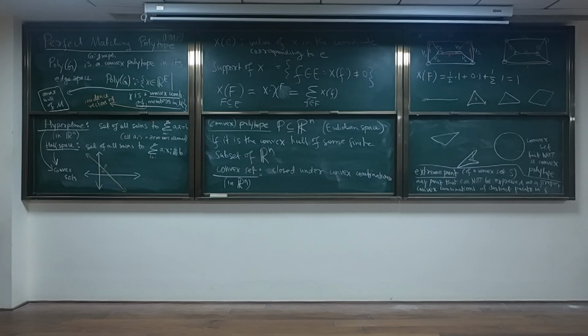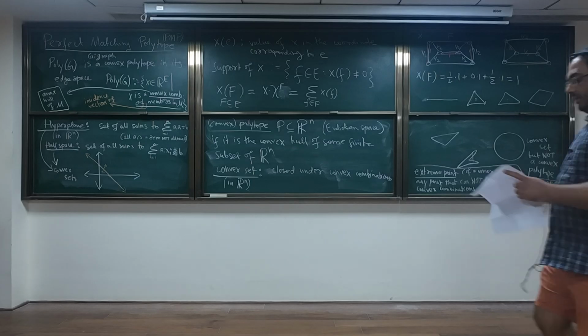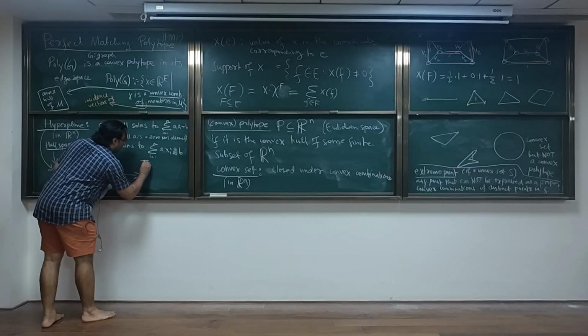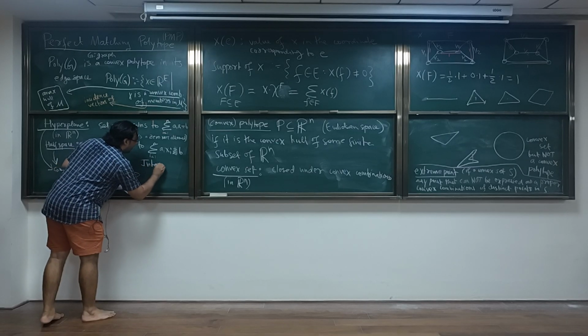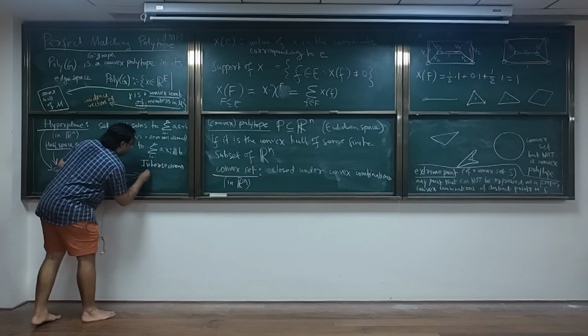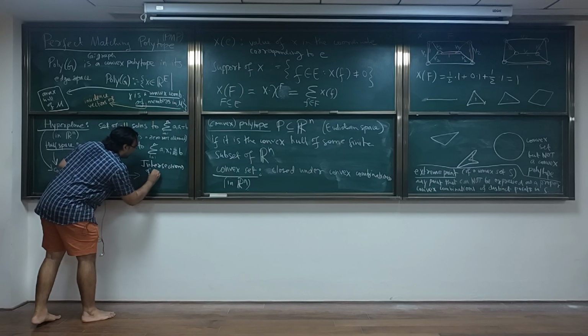In fact, if you take the intersection of any number of convex sets, you will get a convex set. The same argument goes through. You can take two at a time, of course. Intersection of any number of convex sets.